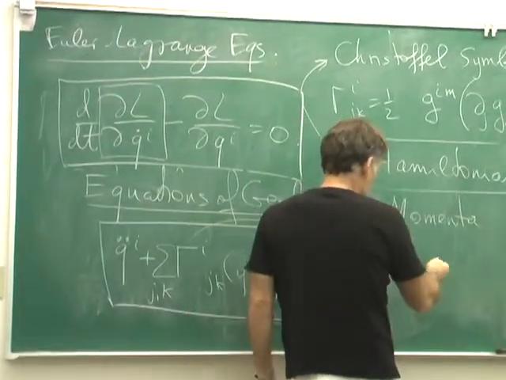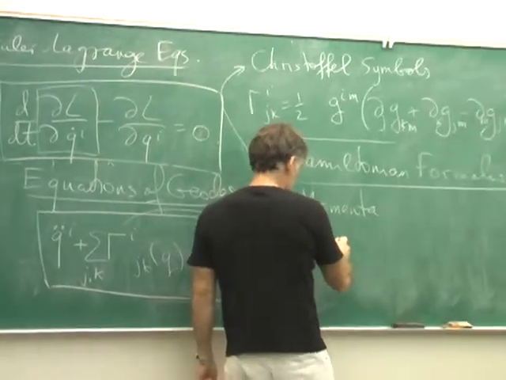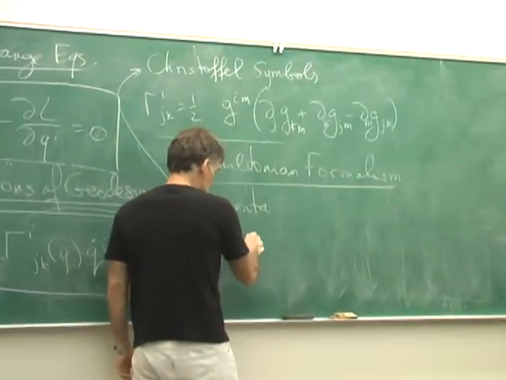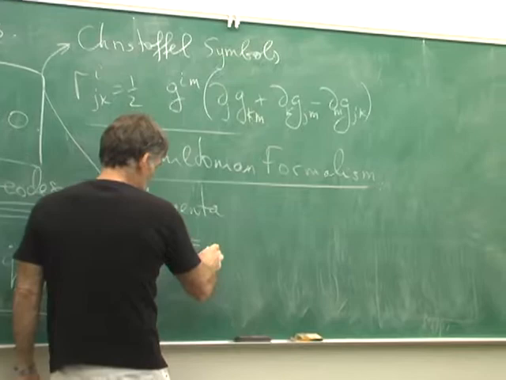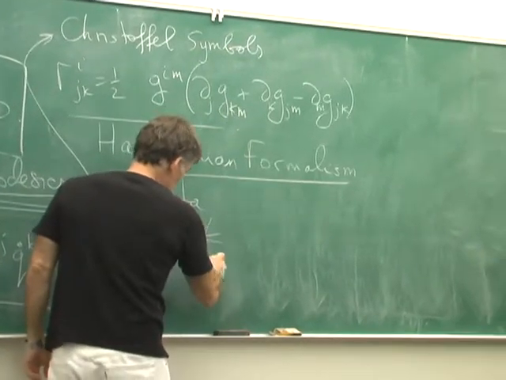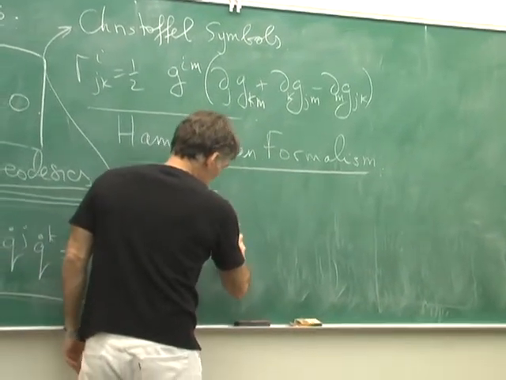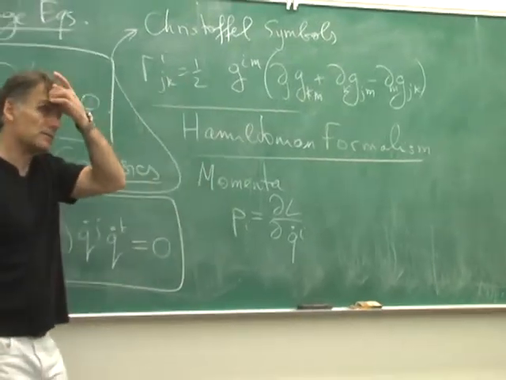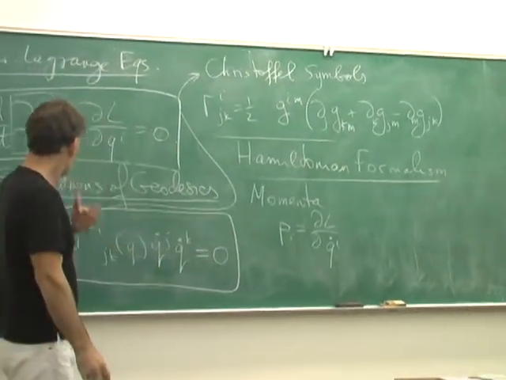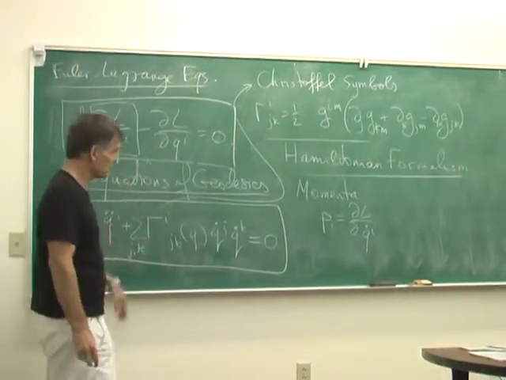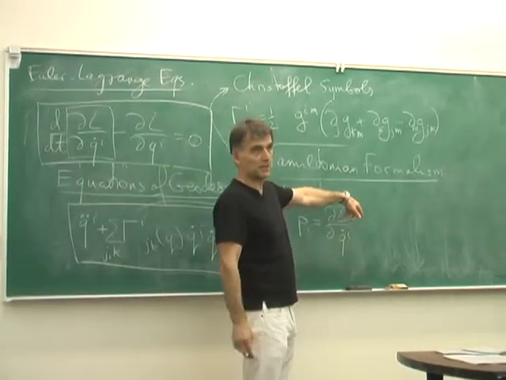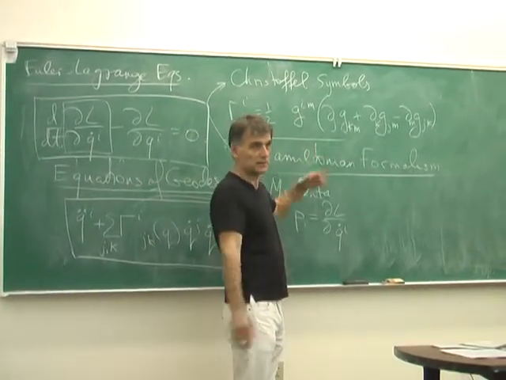In this book they call it C, let me call it P, like in physics books. So p_i is dL/dq̇^i. These are generalized momenta. Of course, for that simple example of mechanics, this would be exactly m times the velocity, but in general this could be something else.